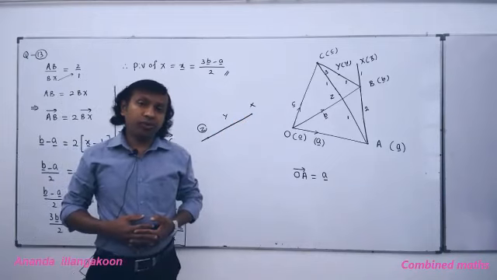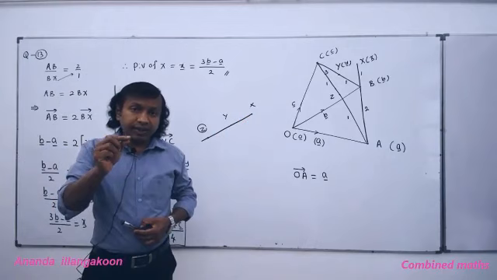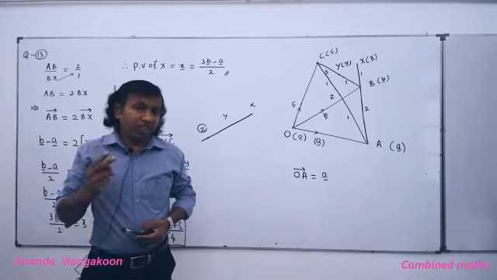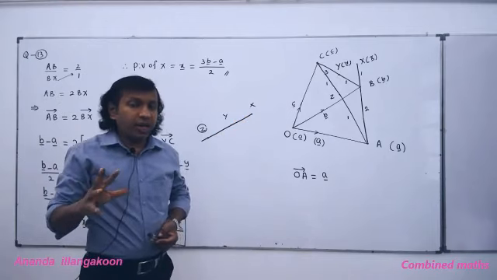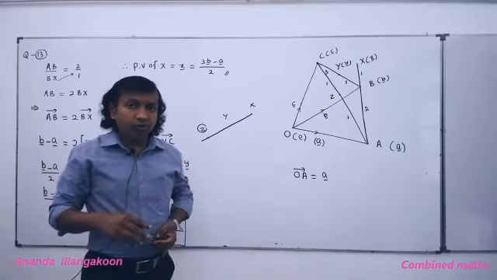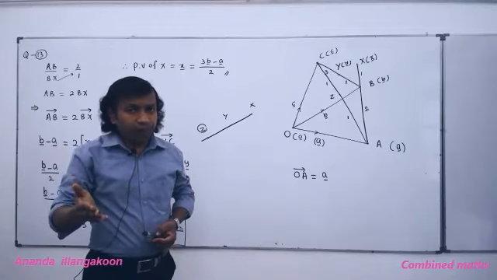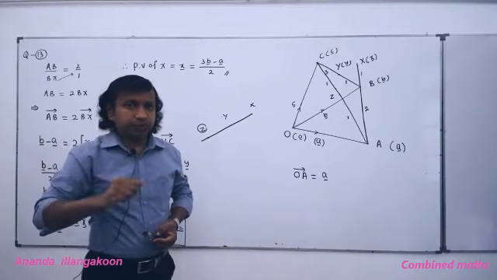Collinear points means those points lie on a line. People, we know when we consider any 2 points, mark any 2 points on your paper page, we can draw one line passing through those 2 points.